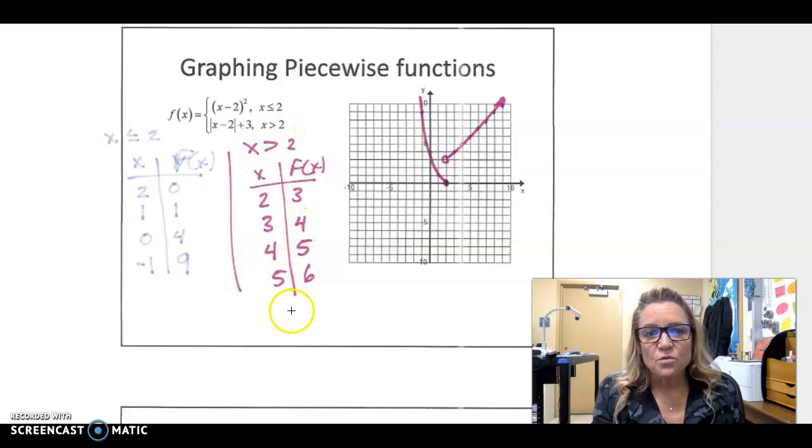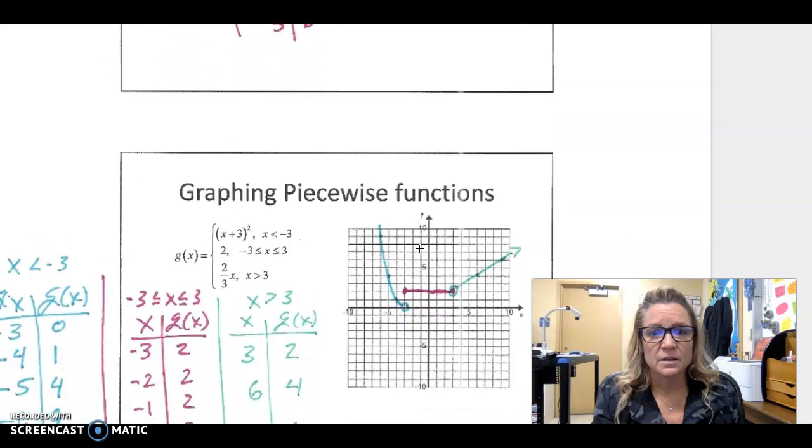So I picked 2, 3, 4, and 5, plugged them into the function, got out my values so I could plot some points. So I have one at 2, 3, one at 3, 4, 4, 5. You're going to see it's going up, it's going to make this line right here. Okay? So this is a piecewise function because it has values going less than or equal to 2 and values going greater than 2.